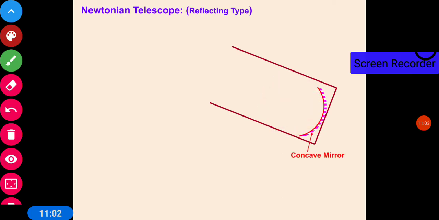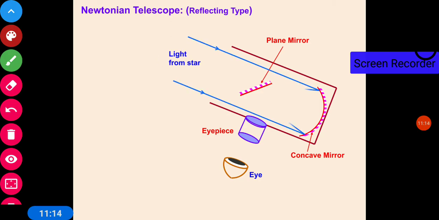Here one large concave mirror is used. Another plane mirror is placed in such a manner that whenever the light from the star or a distant place comes, after reflection from the concave mirror, it meets at the focus, because parallel rays after reflection meet at the focus.